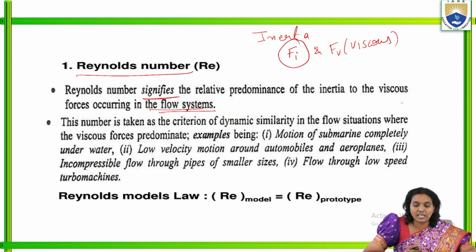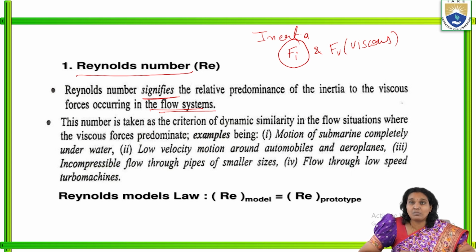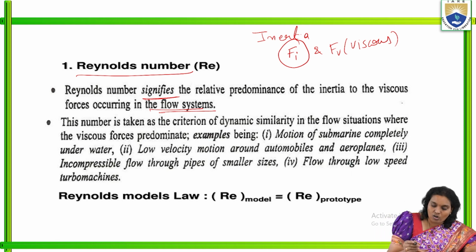This number is taken as the criterion of dynamic similarity in flow situations where viscous forces predominate, examples being motion of a submarine completely underwater, low velocity motion around automobiles and aeroplanes, incompressible flow through pipes of smaller sizes, and flow through low speed turbo machineries. So this is the Reynolds number.